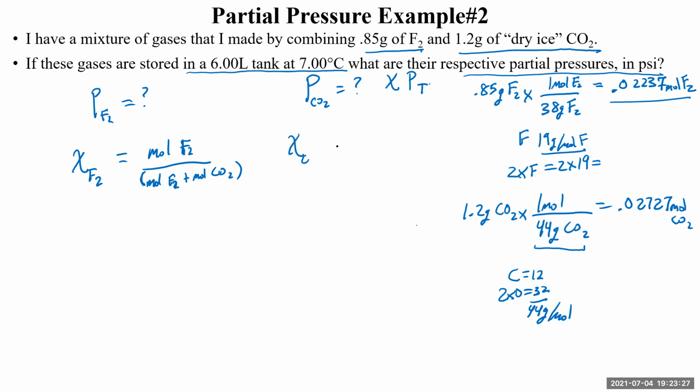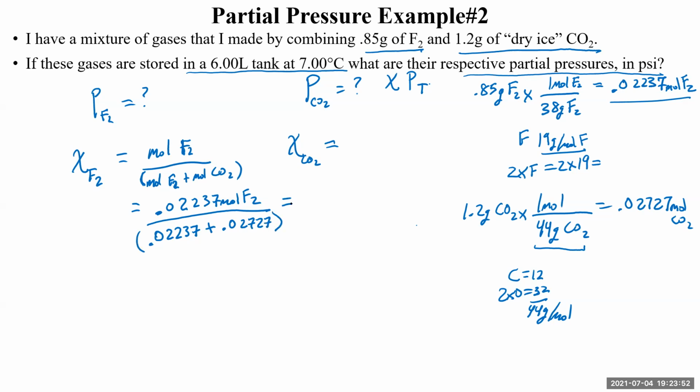Okay, so to calculate the mole ratio for each of these, the mole fraction of F2, for fluorine, we have 0.02237 moles of fluorine divided by 0.02237 plus 0.02727. So we add these.